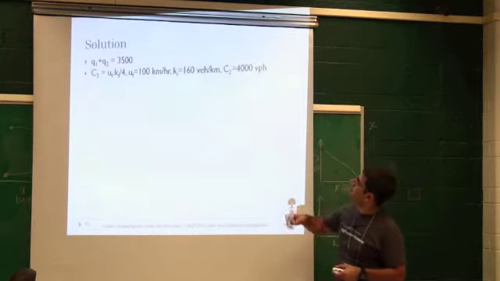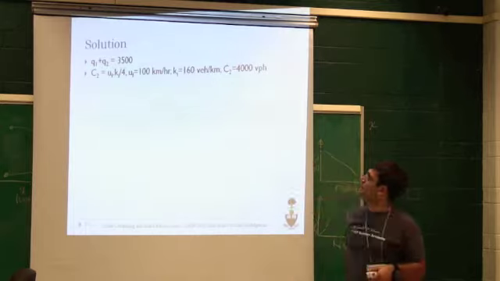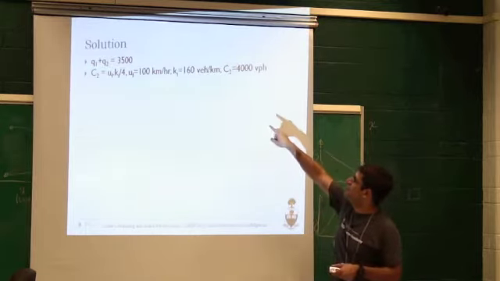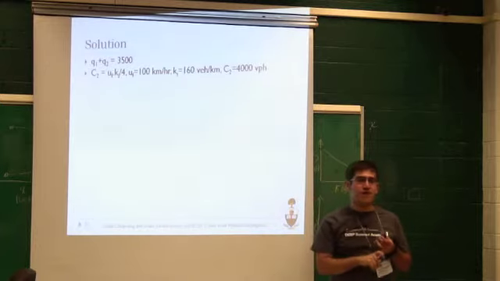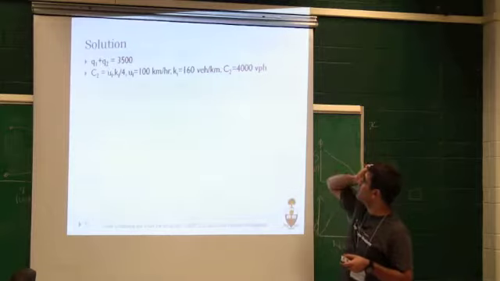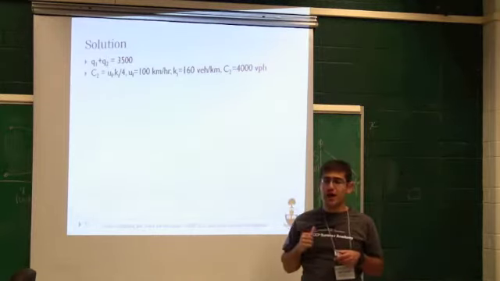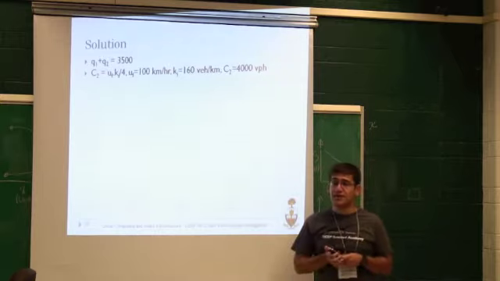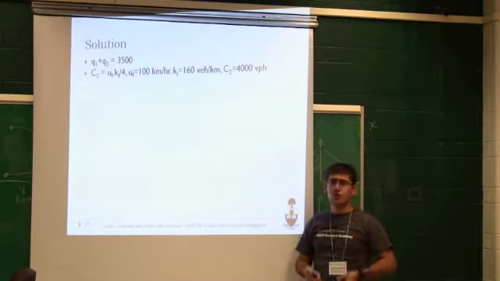After you calculate rho j, which is 160 vehicles per kilometer, then you put Kj or rho j in the equation there. You have Uf equal to 100 kilometers per hour, and Kj equal to 160 vehicles per kilometer. You end up getting C2 as 4,000 vehicles per hour. That's the capacity. That's the maximum flow that I can get through link 2.